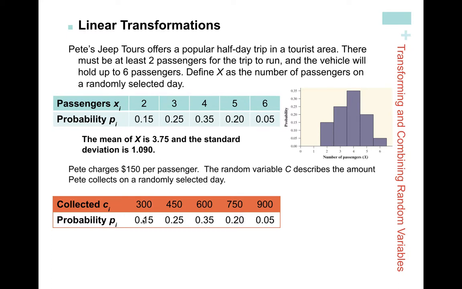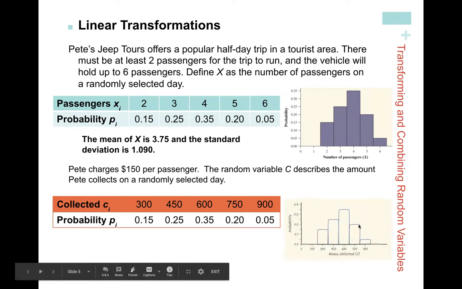Also notice that the probabilities are exactly the same as these probabilities, because if you think about it, capital C is just a linear transformation of capital X. Notice that the histogram has the exact same characteristics as this histogram.